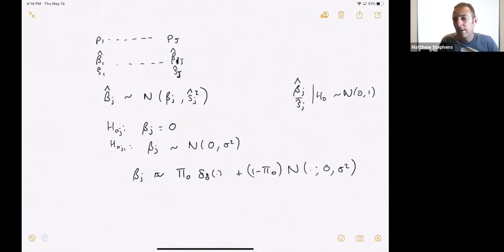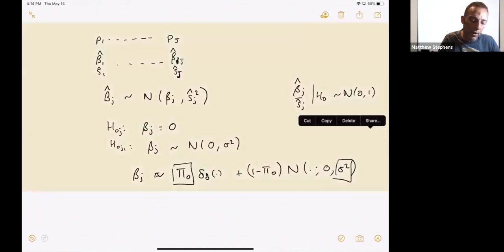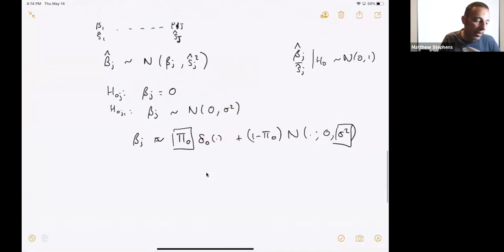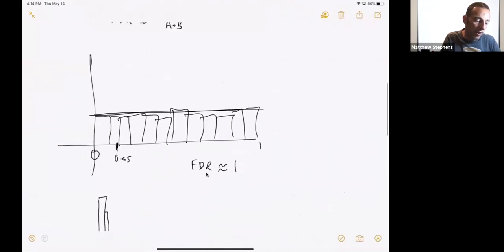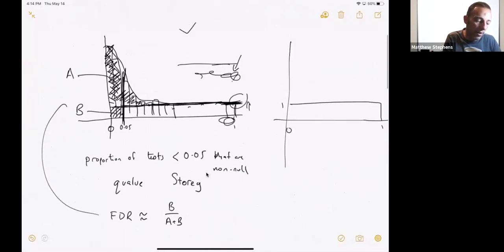Right. So now the empirical Bayes approach has 2 parameters to estimate here, this pi 0 and this effect size. And estimating those from the data is exactly analogous to estimating the height of essentially this line here.